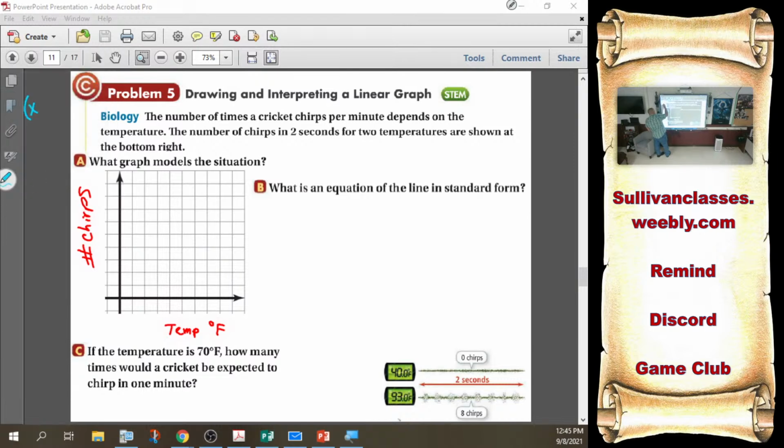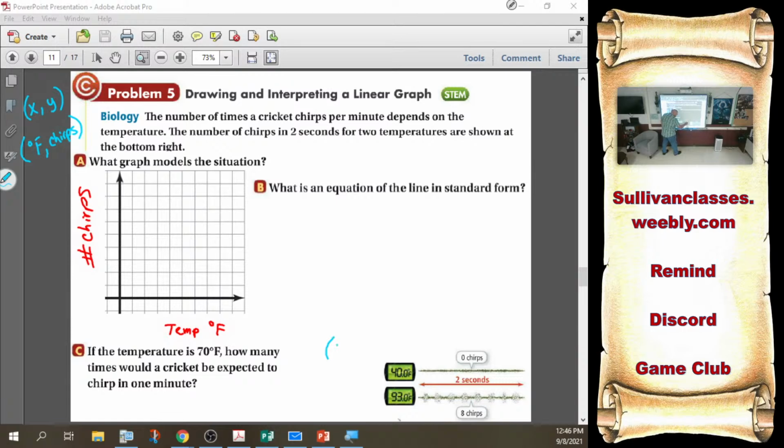Maybe I'll say X, Y is temperature, chirps. Just so I remember. Well, wait a second. If temperature and chirps is X and Y, what are these? Coordinates.